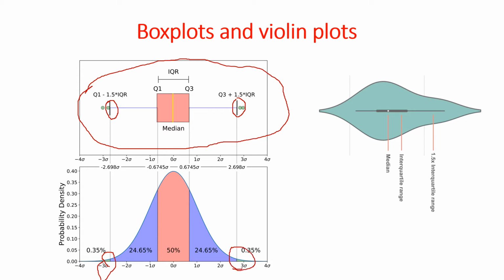If the data is normally distributed, the median and mean stand on the same line. So the extreme lines here stand at about three standard deviations below and above the mean. If you multiply the interquartile range by 1.5 and add it here and here, you get the extreme values.